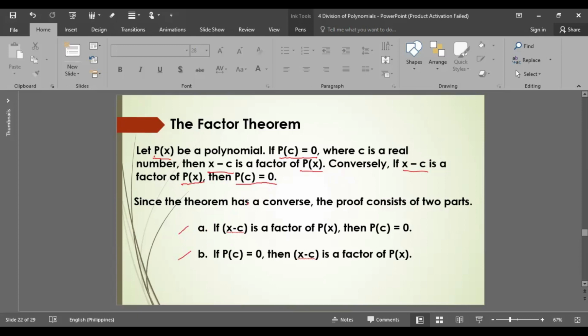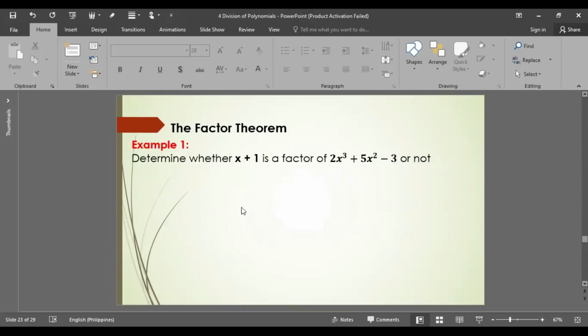In simpler words, class, say for example, when you substitute the value of C of this expression in the polynomial expression P of x and you get 0, then we can say that this expression is a factor of this polynomial expression.